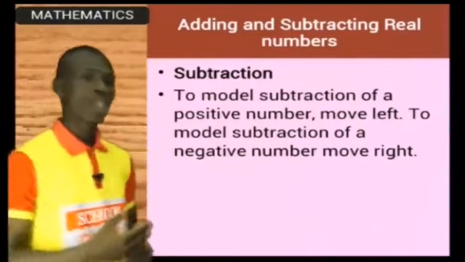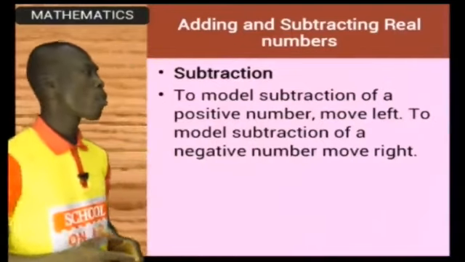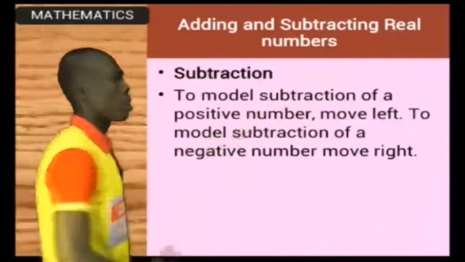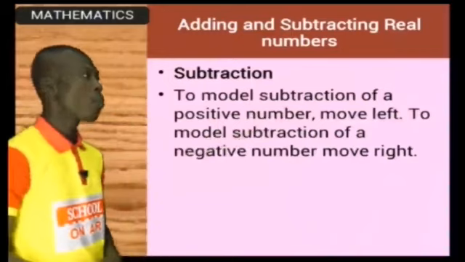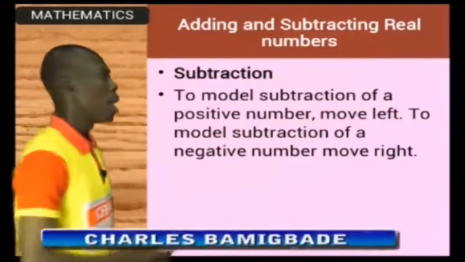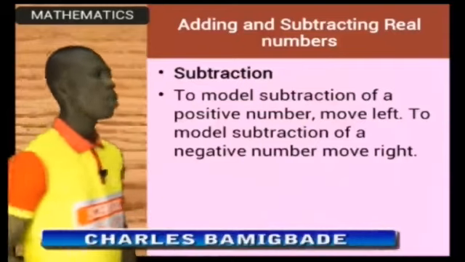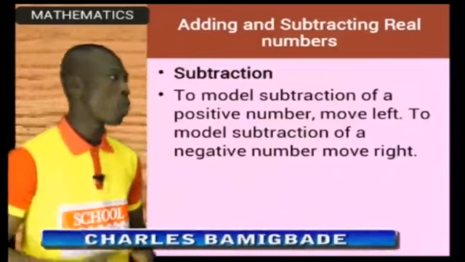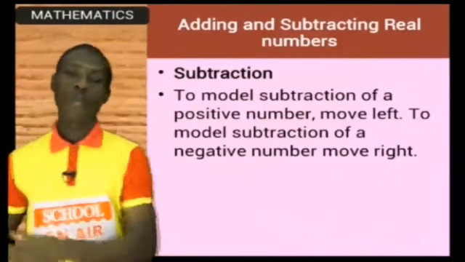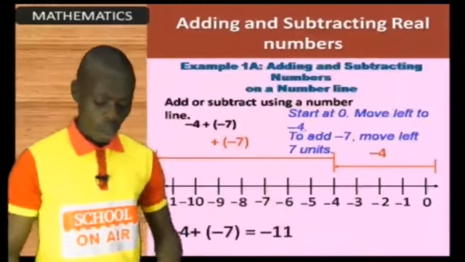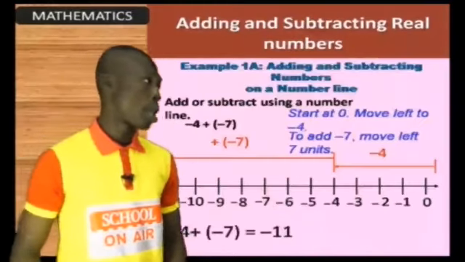Now, for subtraction of a positive number, from whatever point you are, you move left. To model the subtraction of a negative number, it is the opposite of addition: from wherever you are, you move to the right. That's about how to carry out addition and subtraction.